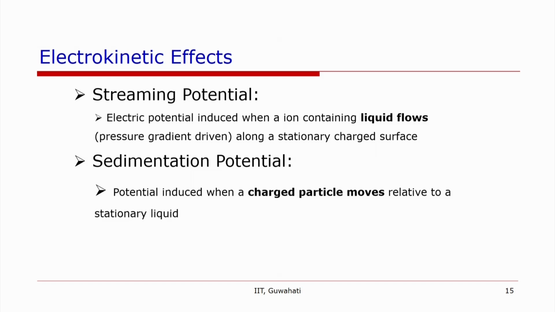On the other hand, sedimentation potential is the potential induced when a charged particle moves relative to a stationary liquid. For example, when a charged particle sediments, dropping from top to bottom, say because of buoyancy, it induces a potential while moving in a stationary liquid. This potential is known as sedimentation potential.